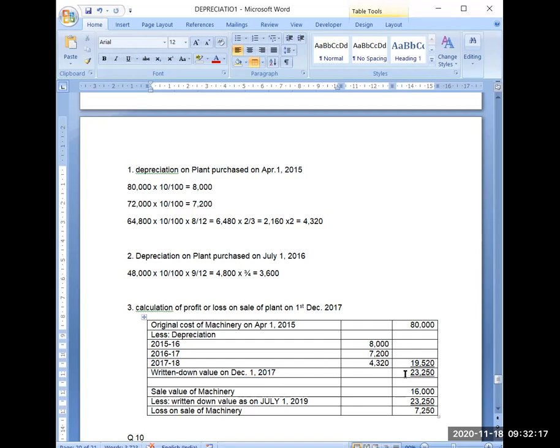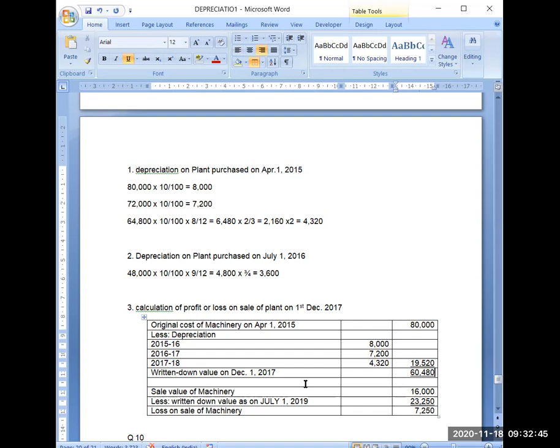We will subtract 20,000, it will become 60,000, and adding back the 480, it should be 60,480. Let me check it. 10 minus 2, 8. 9 minus 5, 4. 9 minus 9, 0. 7 minus 1. Yes. So this will be the written down value on December 1, 2017.